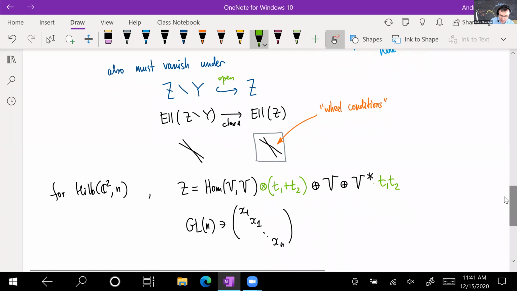And then it's an exercise to check that the condition that it has to restrict to zero outside of the zero locus of the moment map.